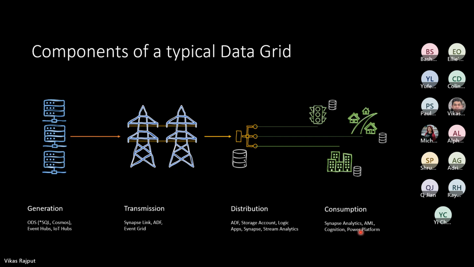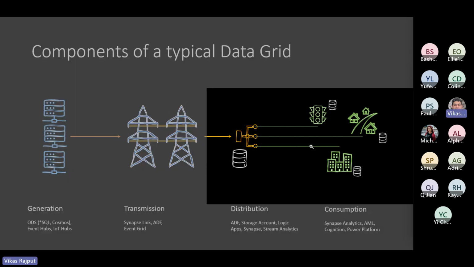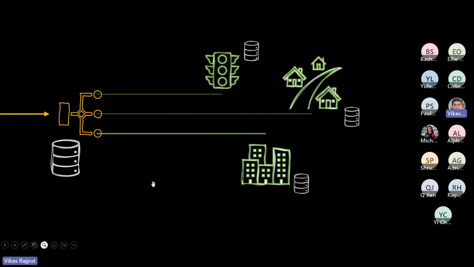Now, one thing I also want to focus on, if you zoom in here, is the data store that I've created. What I mean by this is that it's not just that you're doing a lot of transformation or consumption.